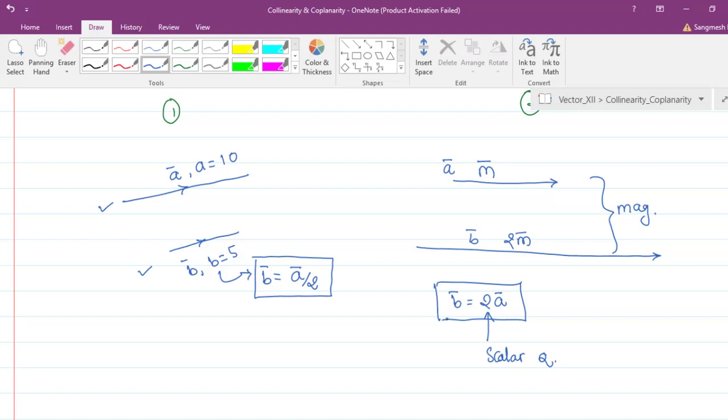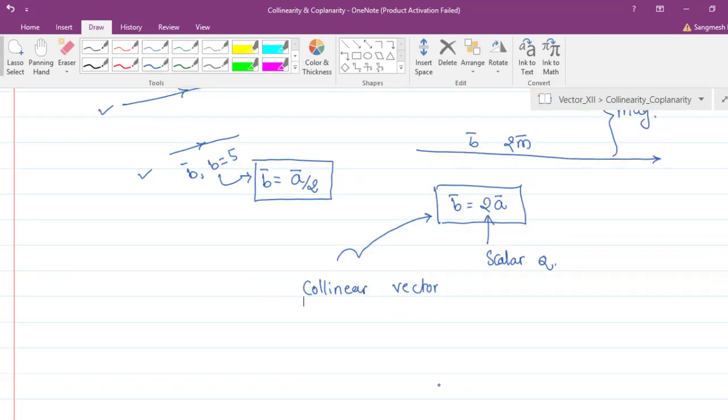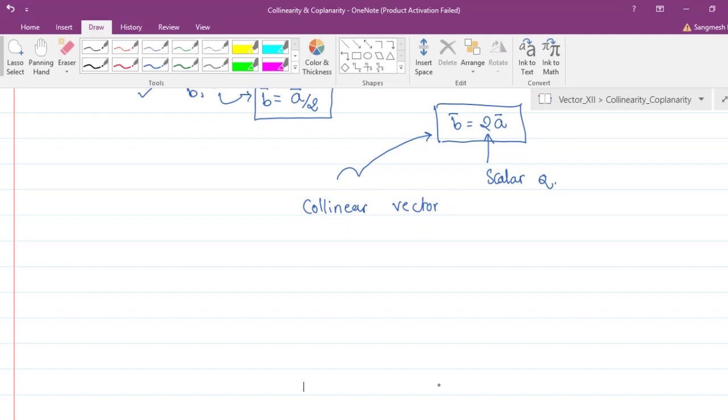Whenever you have a relation between two vectors with the help of this scalar quantity, then these two vectors are definitely collinear vectors. Make a note of this. Or in another way, if the vectors are scalar multiples of each other, like here, the other relation you can have is a bar equals 1 by 2 b bar.